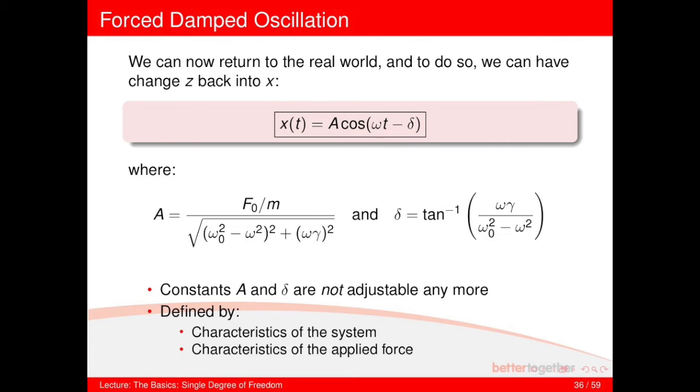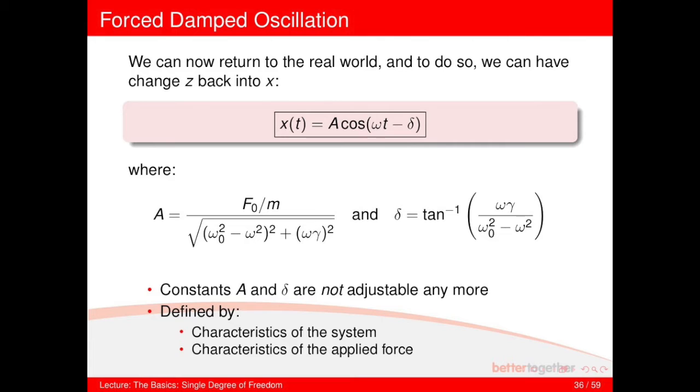Now, again, A is not adjustable. It's dependent upon your system and the forces being applied, as is the phase. So again, like the forced system with the free oscillation, it doesn't matter what happens to start with. A will be determined entirely by your system. So you've got F, which is your force, you've got your mass, the natural frequency of the system, which is related to the mass and the stiffness of the spring, and the frequency you're driving it at, so you know it.